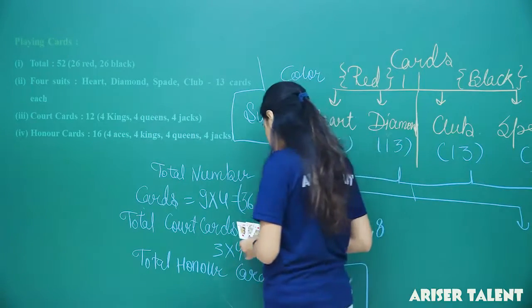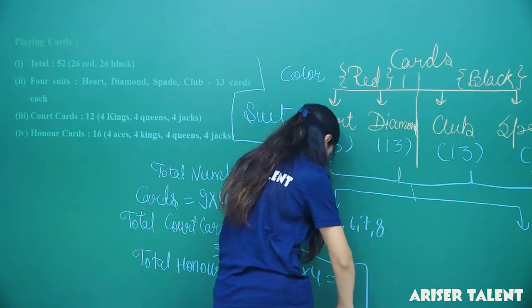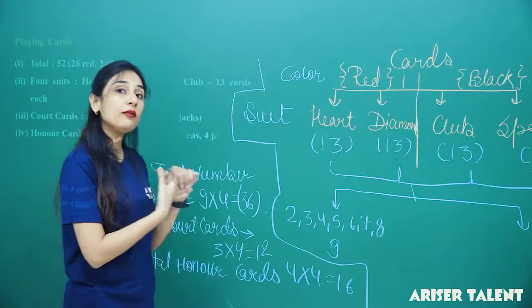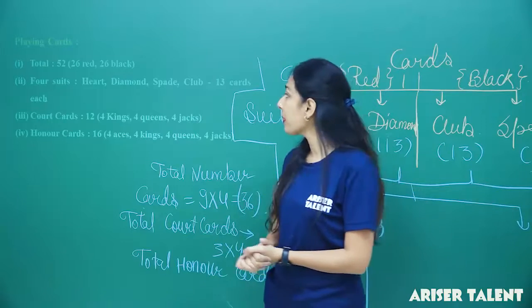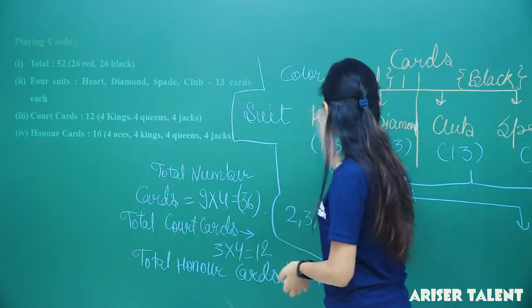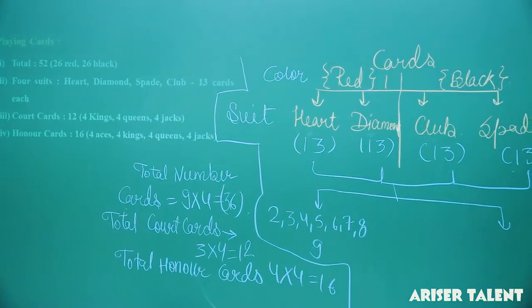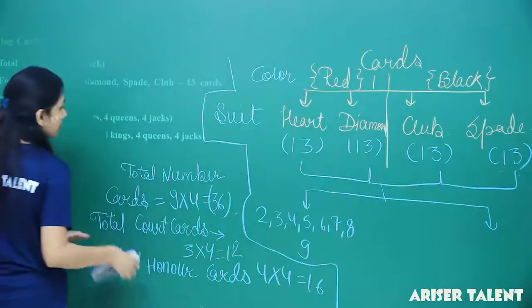So this is about cards. If you haven't played cards or seen cards, this was for you to understand, and it will be very helpful for us in doing questions. So you should note it so that we can move further. Note it, students. Okay, let me rub it.